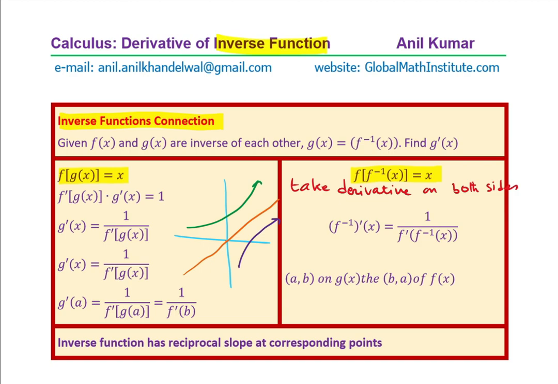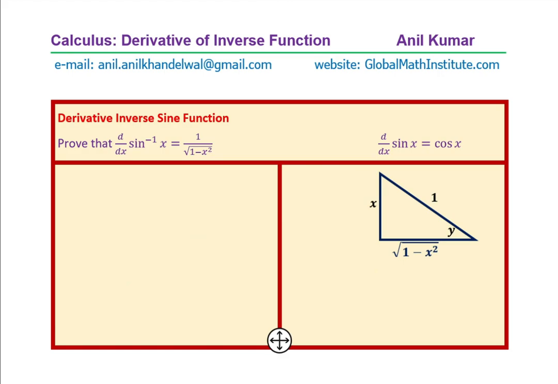If we have a point (a, b) on the inverse, then that point will be (b, a) on the original, right? So the derivative at this particular point on the inverse is actually the reciprocal of the derivative on the original function, but at b, because b becomes the x there. They flip. Perfect. We'll elaborate on this with trigonometric functions, and then you'll get an idea.